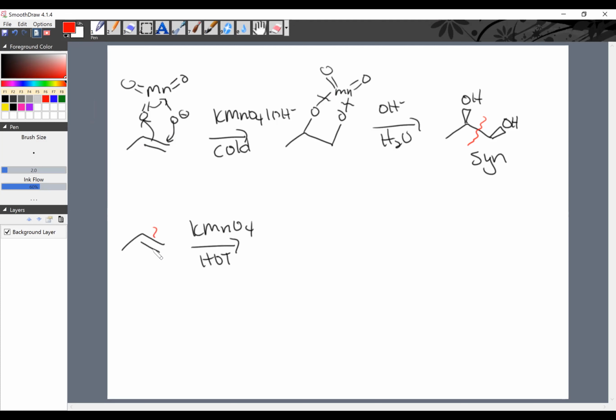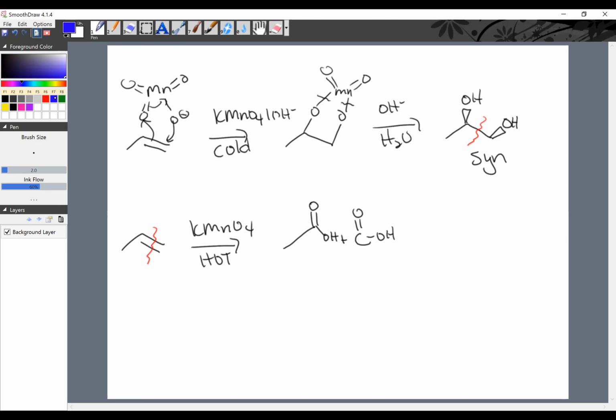You're going to cleave through both of the bonds. I like to redraw the backbone. Now remember, when we were doing ozonolysis, we would stop right there because it was selective with an alkene. But this one is not selective, so we're going to go all the way to carboxylic acids. And there's your two products.